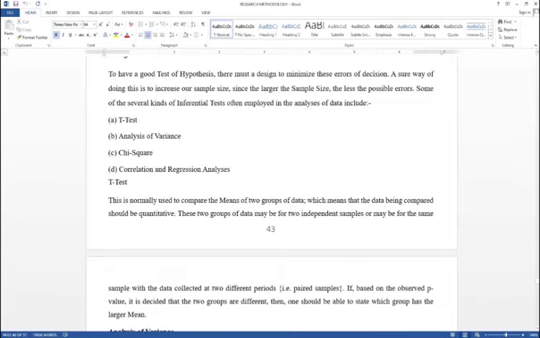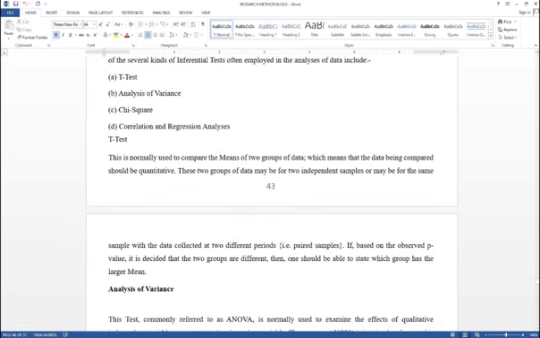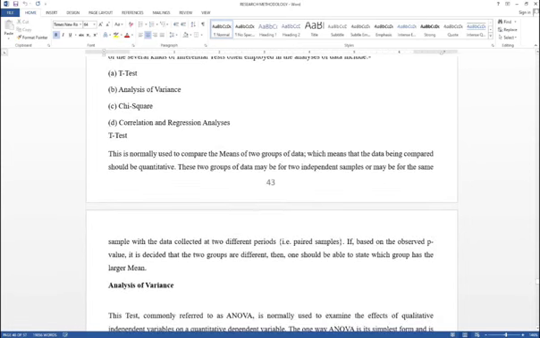So it's normally used to compare the means of two groups of data, which means that the data being compared should be quantitative. These two groups of data may be for two independent samples or maybe for the same sample with the data collected at two different periods.